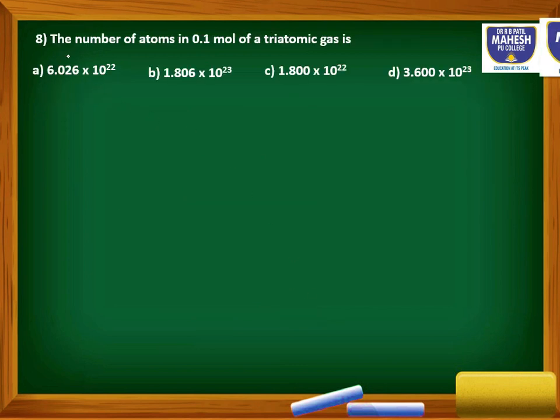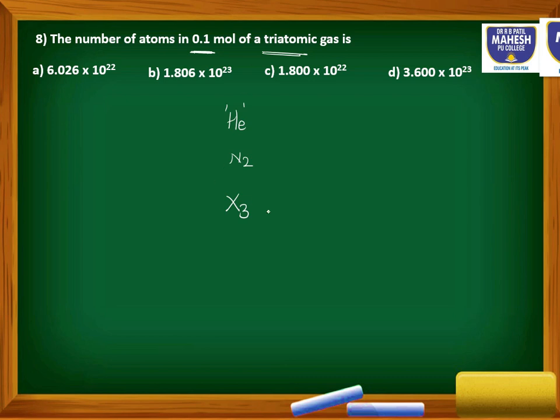Next question. The number of atoms in 0.1 mole of triatomic gas. Students, monoatomic gas means gas contains only one atom. For example, helium is monoatomic. Nitrogen is diatomic. So like that, here they given triatomic, let it be X3.